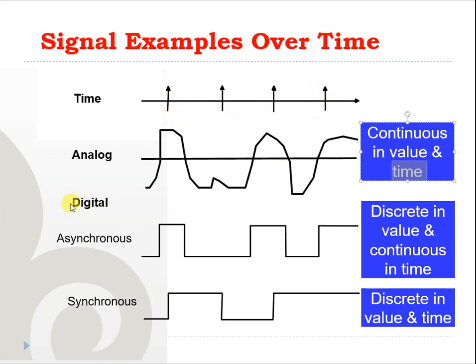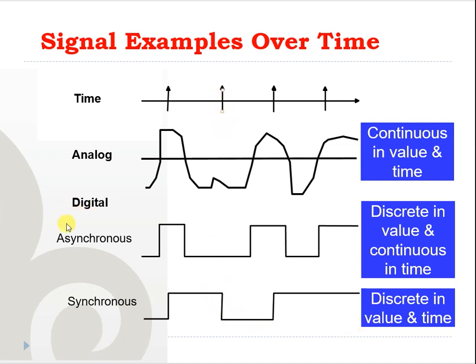In the digital form, we have 2 modes, the asynchronous and synchronous. When we have the synchronous signal, it changes only at discrete instances of time. So here we have the change of the value, then here, which happens at this time instance, the value is changed, and so on and so forth.